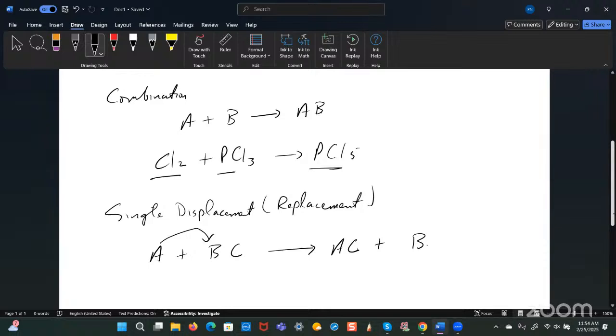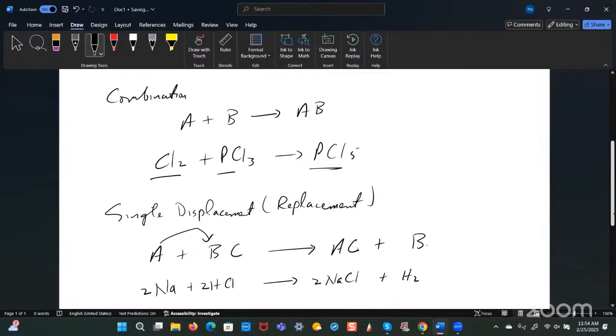A good example of this would be the reaction between sodium and hydrochloric acid to form sodium chloride and hydrogen. And to balance this, we're going to need a 2 here, a 2 here, and a 2 here, right?